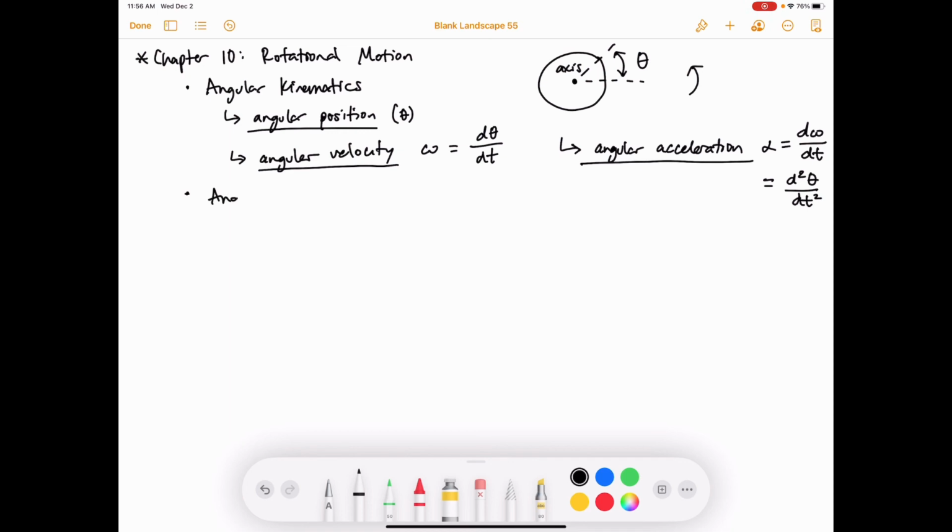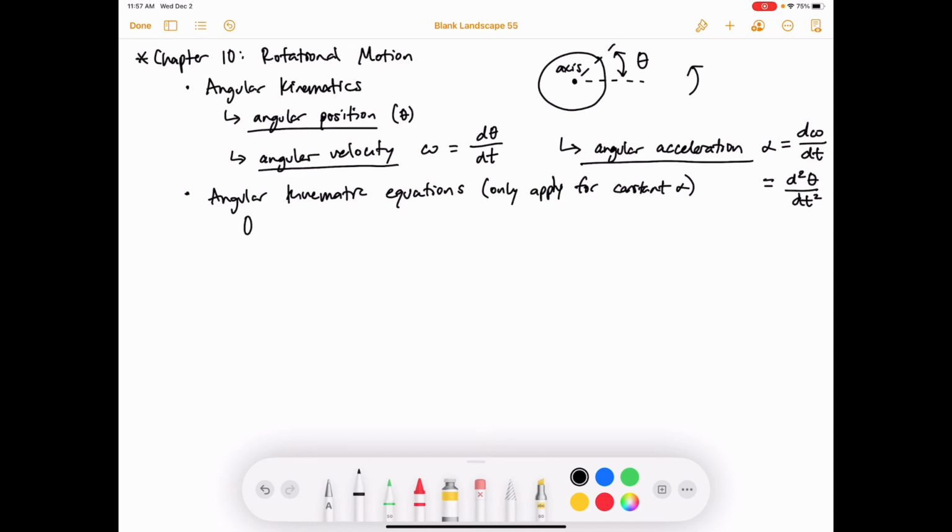Now, alongside these definitions are what we call the kinematic equations. So we have angular kinematic equations. And keep in mind that these only apply for constant angular acceleration. So only if alpha is constant can we use these equations.